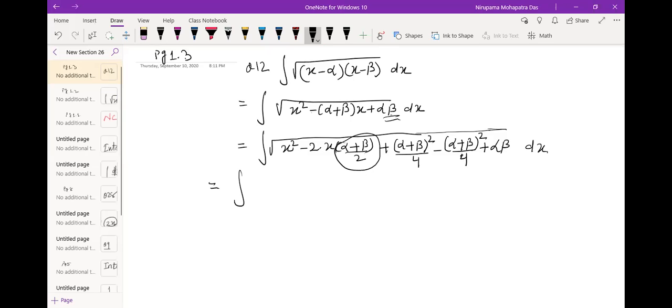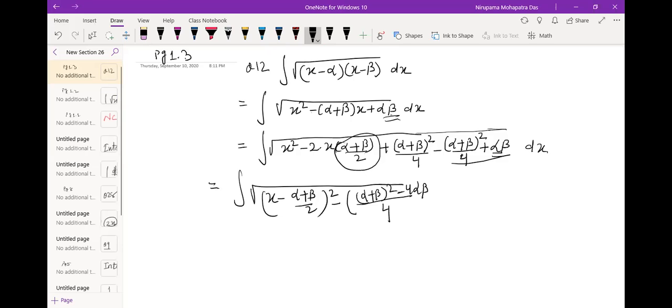We are writing alpha into beta. That means we are getting here square root of x minus alpha plus beta by 2 whole square. Now if I take minus common, let me take the bracket here, 4 alpha plus beta whole square minus 4 alpha beta.